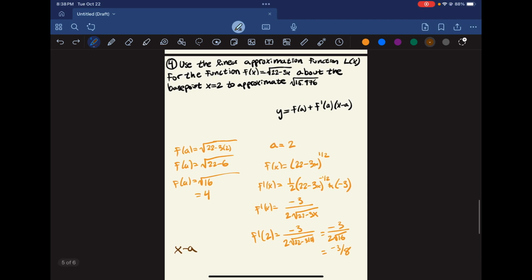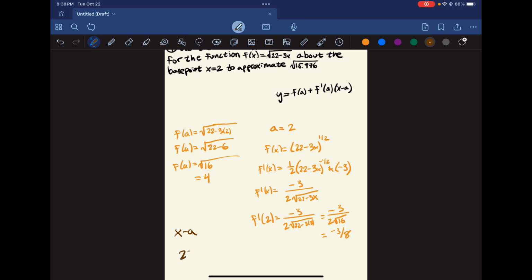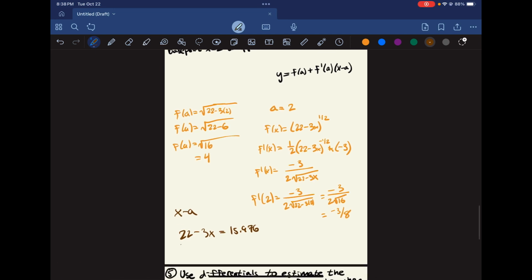So if we set the inside of the square root, 22 minus 3x, equal to 15.976, and we subtract 22 from both sides, then we end up with negative 3x equals negative 6.024.